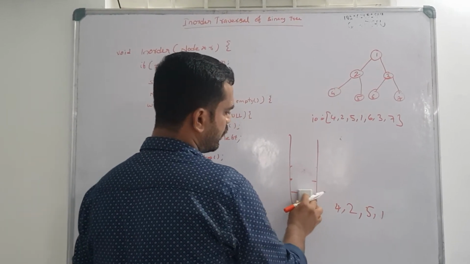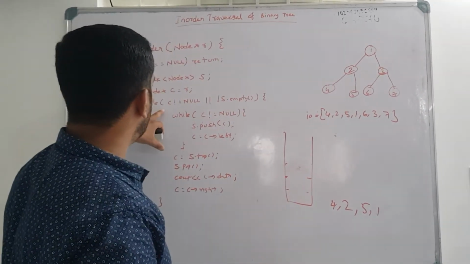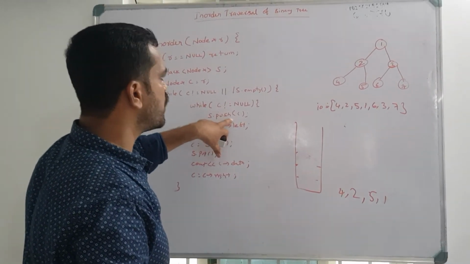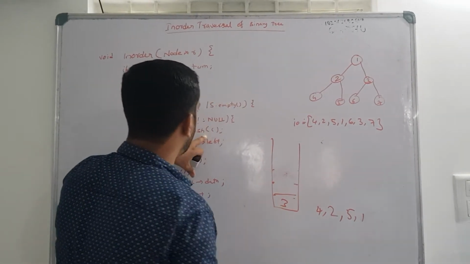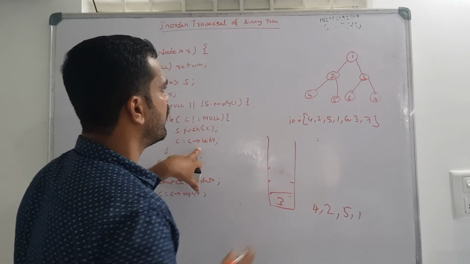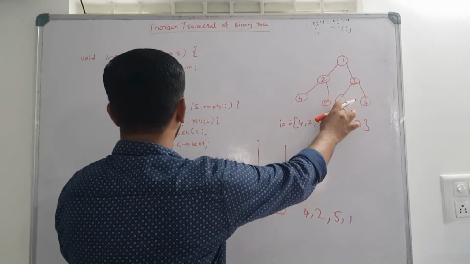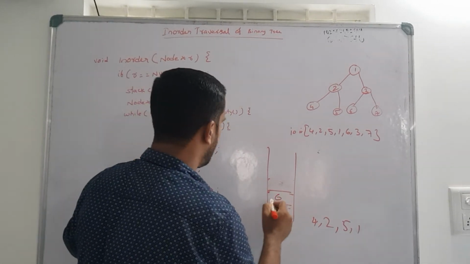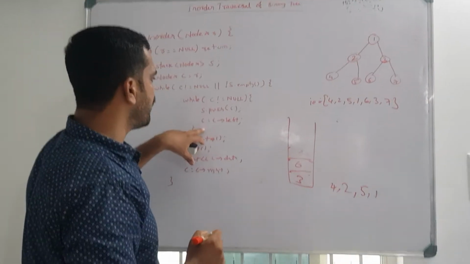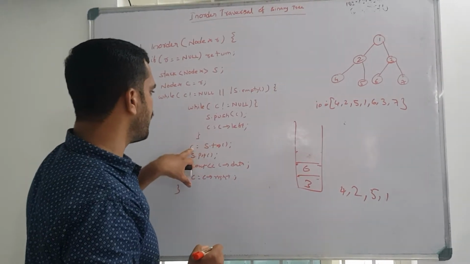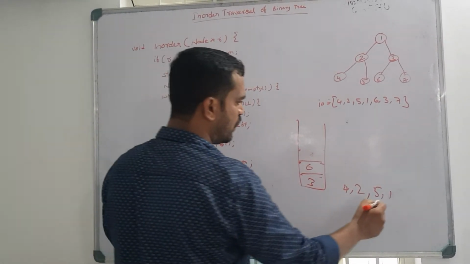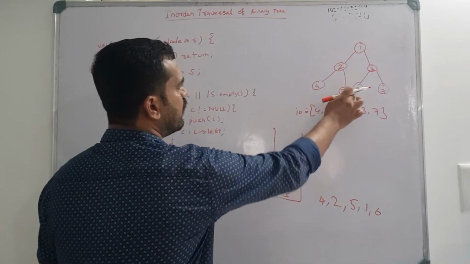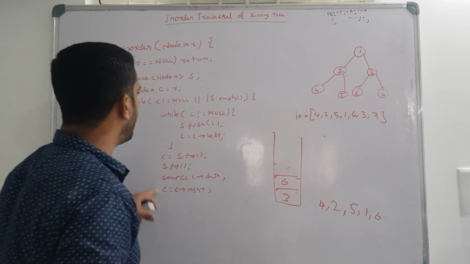Now C is not equal to null and S is empty now. Since C is not null, 3 will be pushed here, and then 3's left will be 6. Again it will push 6 here, and 6's left is null, so C becomes null and it will come back here. The top will be 6 again now, so 6 will be printed here, and 6's right is nothing, null, so it will break again.